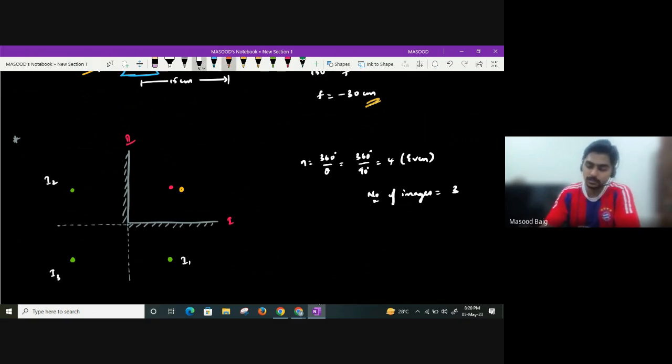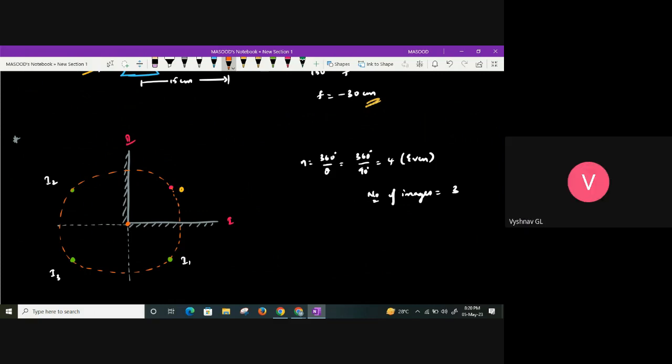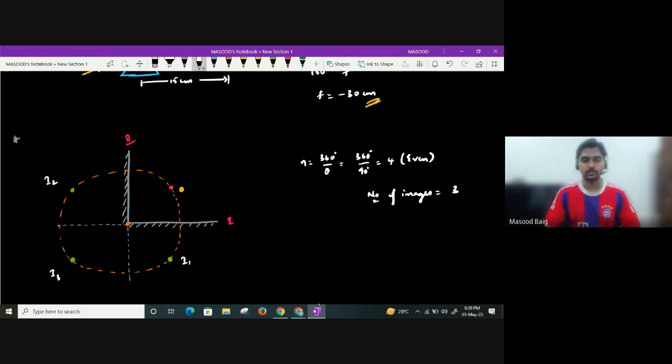These images will be lying on a circle centered at point O. Mathematically you can prove it, but as of now it's not required. Clear? Yes, two images will be formed, but at one point only, so they behave as one image itself.